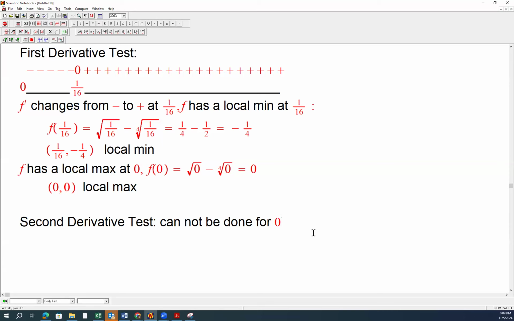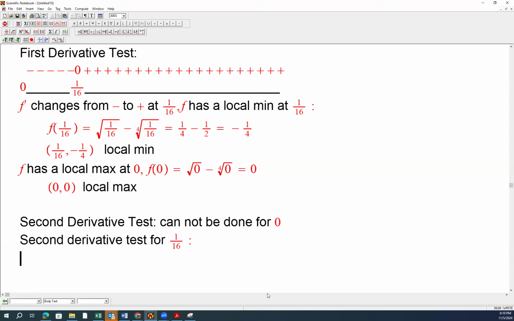If you look at it, the first derivative is not defined at 0. But we can do the second derivative test for 1/16.